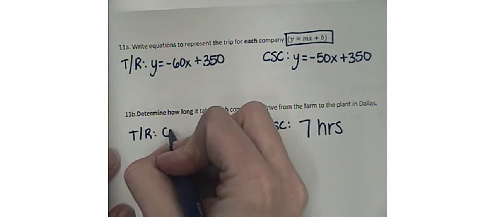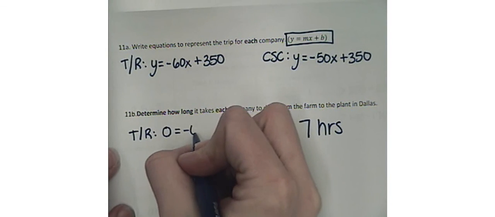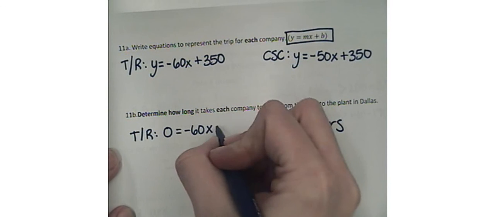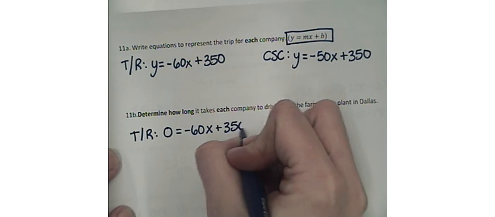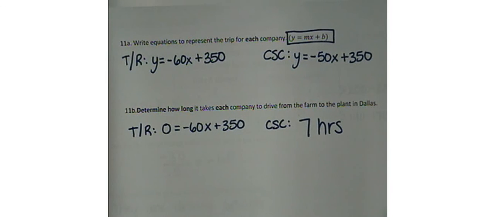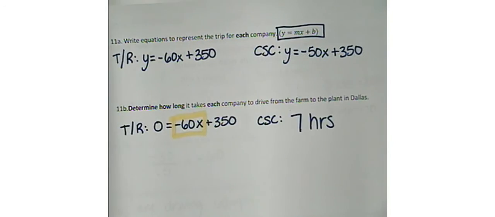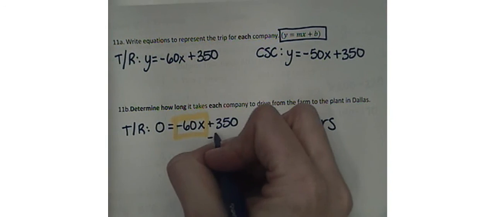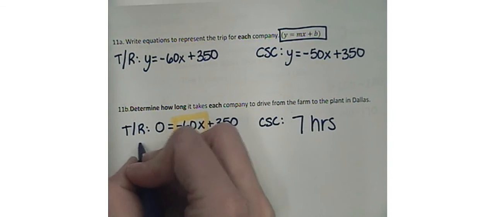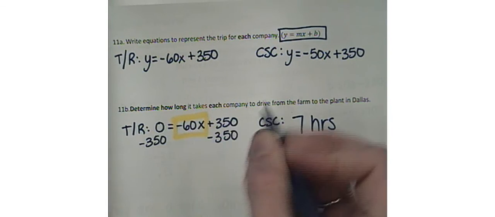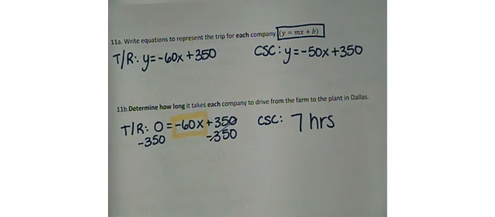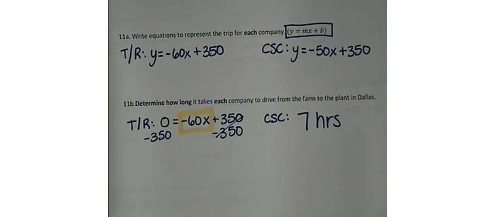So if I plug in a 0, that means they've reached their destination, they're at Dallas, and I want you to take this equation and solve for x. So how do you get negative 60x alone? First, use your calculator. It's okay if you get a decimal. Remember, they're driving faster, so you should get something smaller than 7. You can do it.